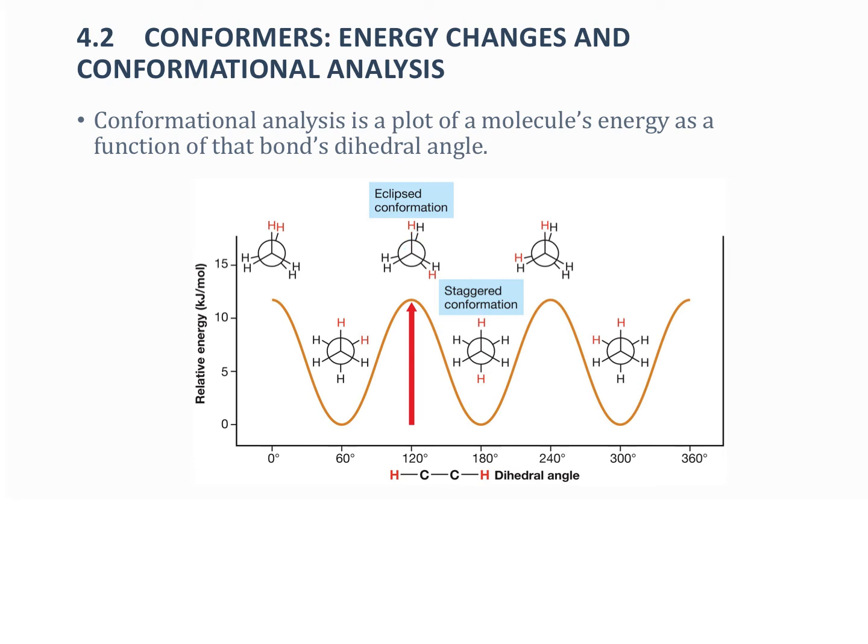Okay, so everything's eclipsed, and this is staggered where everything is spread out. Okay, what I want you to notice is when we do a rotation, the eclipsed conformation here has a higher energy than the staggered conformation. So let's talk a little bit about why that is.